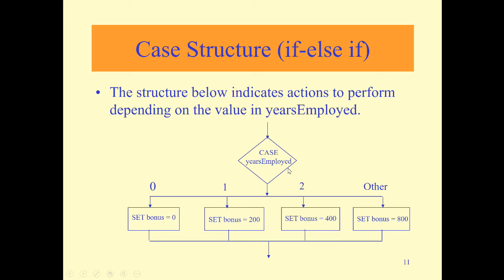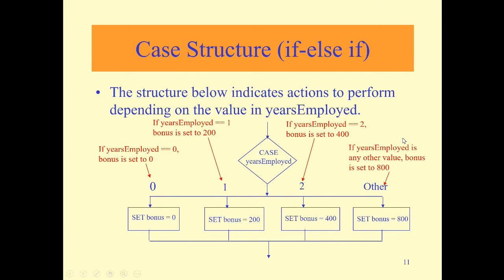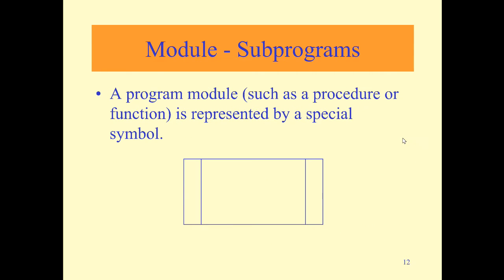Else if years employed is equal to 2, then set the bonus to be 400. And then there may be an else included in your if-else if, so then set the bonus equal to 800, and then the program will continue running. So this would be your different ifs and else if parts.